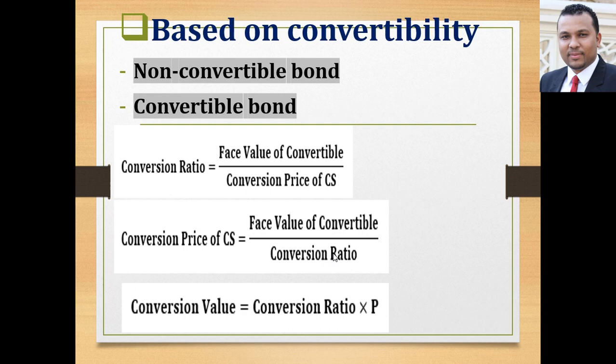So at the beginning of the life of the convertible bond, the conversion price should be greater than the price of the common stock, to eliminate any incentive for convertible holders at the beginning of the bond.